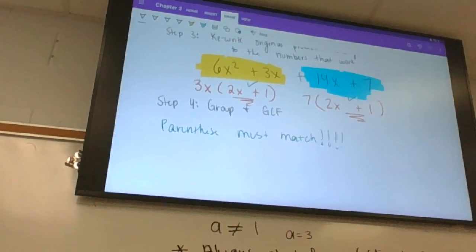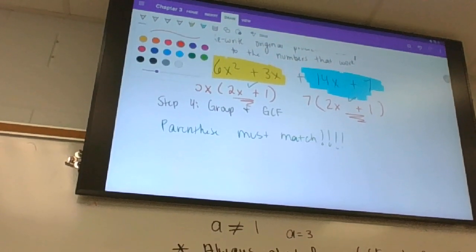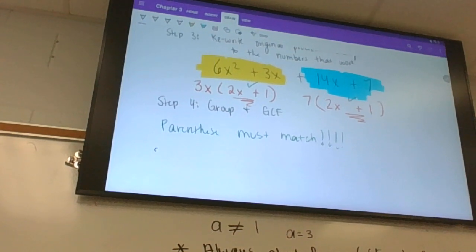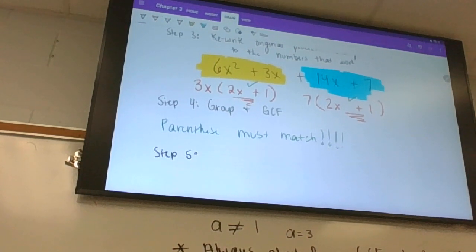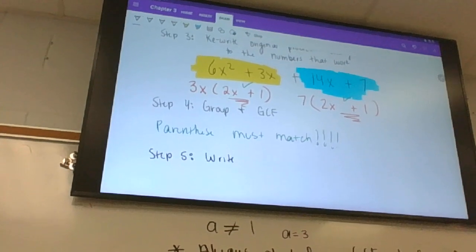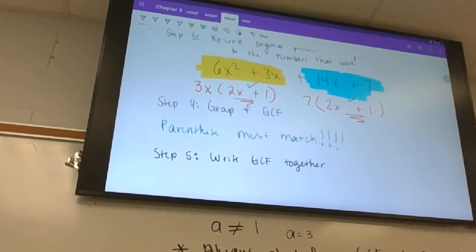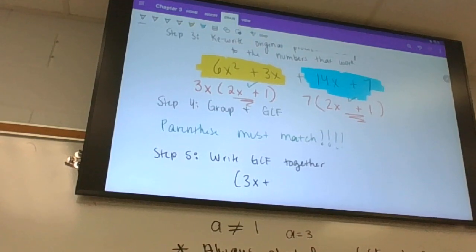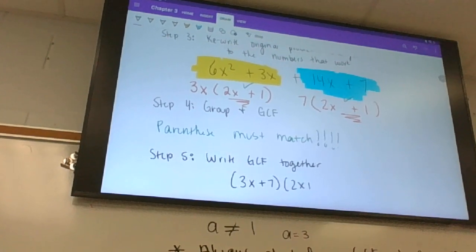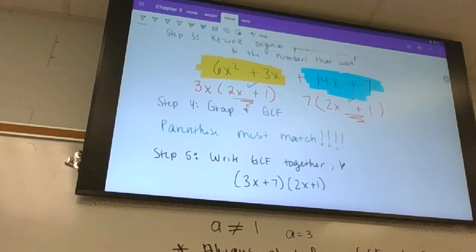So, once your parentheses match, you bring the GCFs together. So that's 3x and the 7, and you keep one of the matching set.